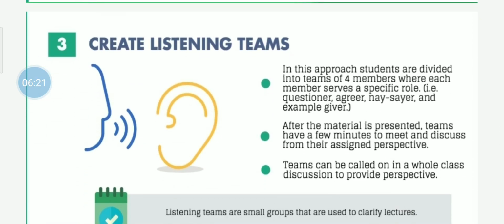By using this approach, students are divided into teams of 4 members where each member serves a specific role, that is questioner or agreer or naysayer and example giver, like that. Then after the material is presented, teams have a few minutes to meet and discuss from their assigned perspective. Then teams can do whole class discussion to provide perspective.